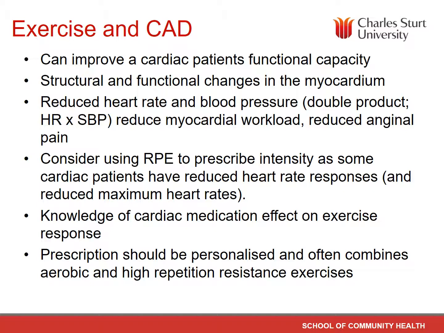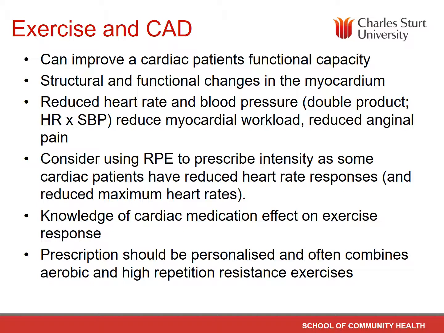Again, using the RPE scale is going to be important to prescribe intensity, rather than looking at the actual max heart rate percentage. Knowledge of cardiac medication, again if they're on beta blockers, that's going to affect the response to exercise and also the intensity that you prescribe.